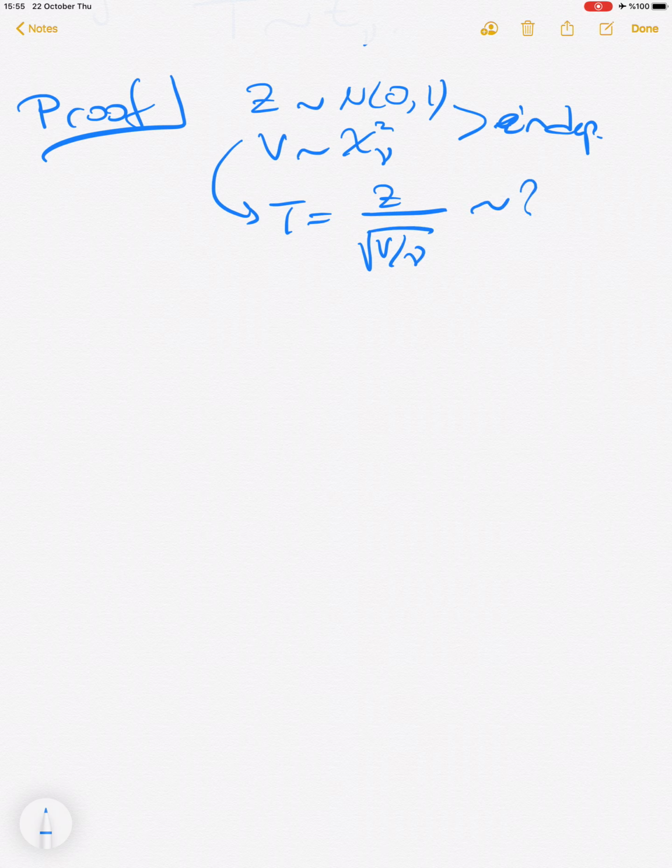This is the basic transformation problem that we have to solve. We have Z and V, and we know their distributions.